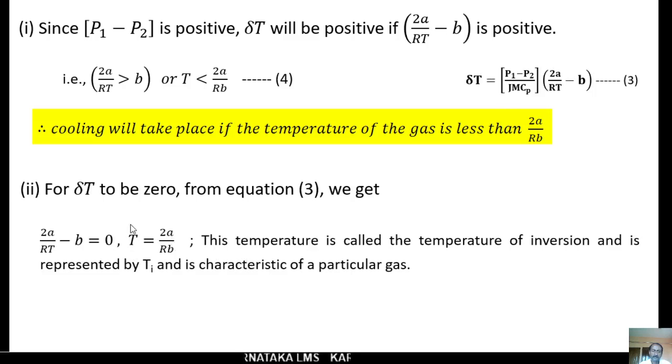This temperature is called the temperature of inversion and is represented by Ti. I stands for inversion and is characteristic of a particular gas. Hence the temperature of inversion will be 2a by RB.